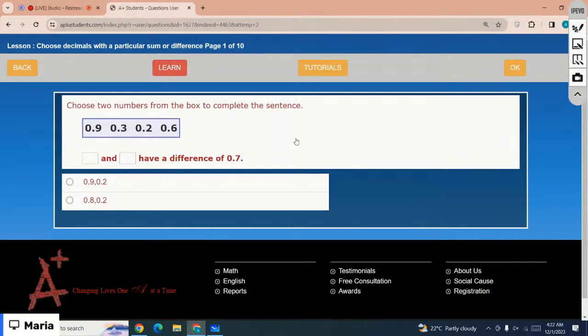Okay. Choose two numbers from the box to complete the sentence. Dash and dash have a difference of 0.7. Okay, you are given the options also. You can try the options one by one. Which option is the correct one? Use your notebook and pencil.